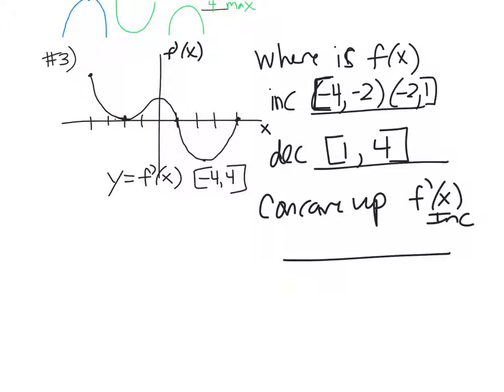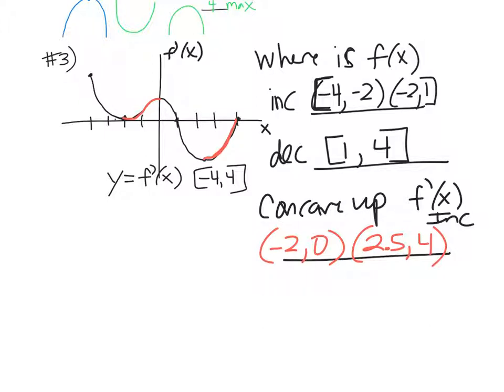So for this graph, it's from -2 to 0, and then also from 3, or it looks like 2.5, to 4. It's gross, huh? Sorry. But this is the one from the book. That's what they had it as. That's where it's concave up, where f prime is increasing.